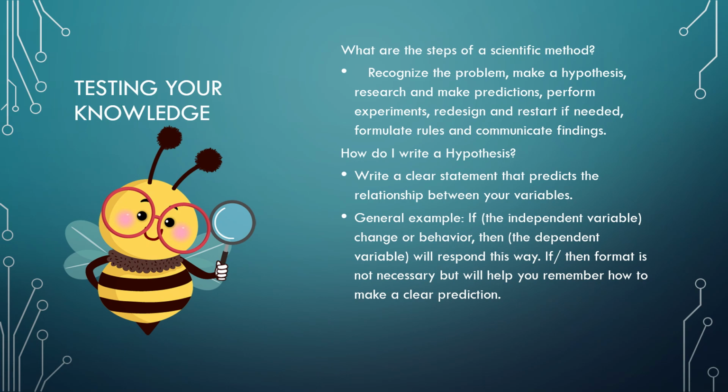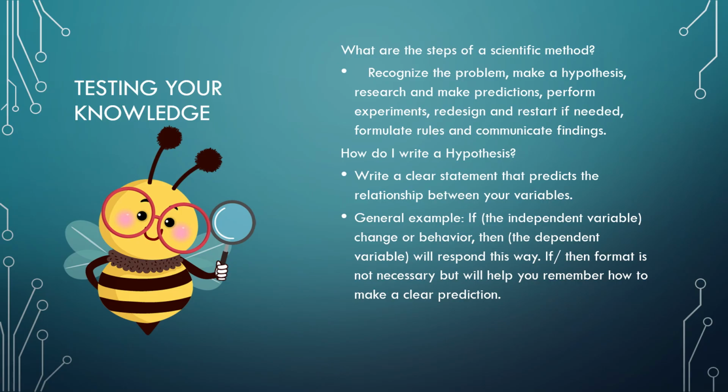You go ahead and perform all the experiments you need. If you ended up reaching the result that you were aiming for, great. If not, redesign, restart if needed, and formulate your rules and communicate your findings.